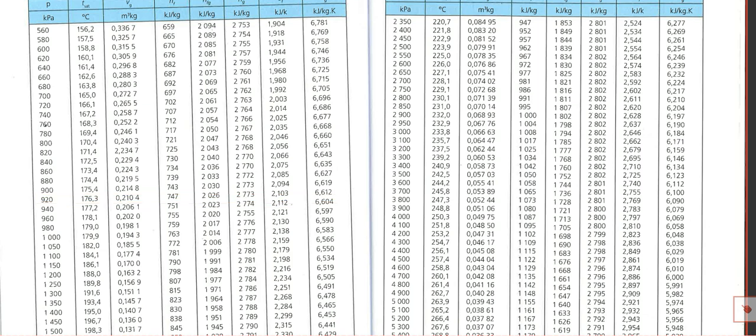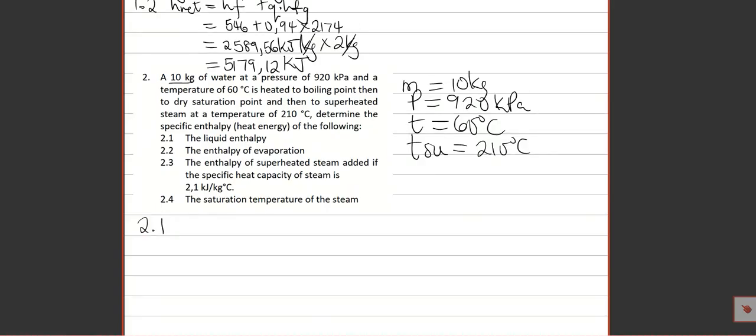Technology is failing me. We have 920. Sharp there. So HF, 747. So for our liquid enthalpy, we have 747. It's measured in kilojoules per kg.